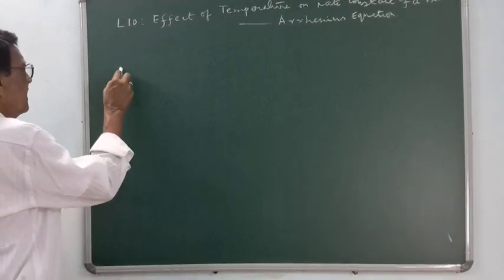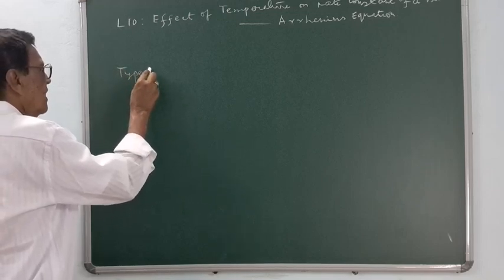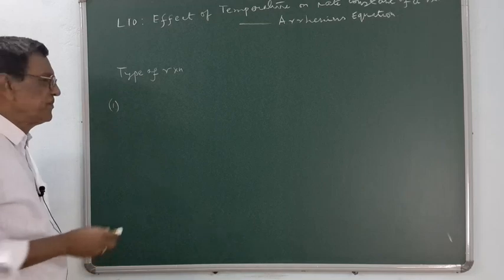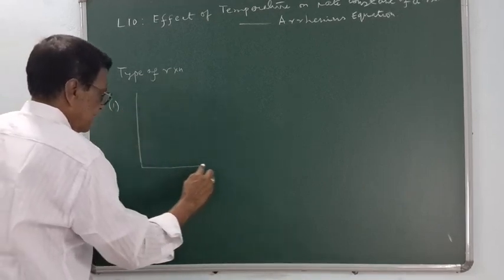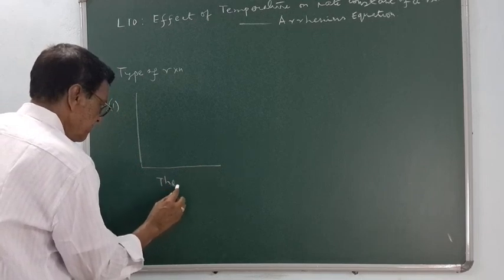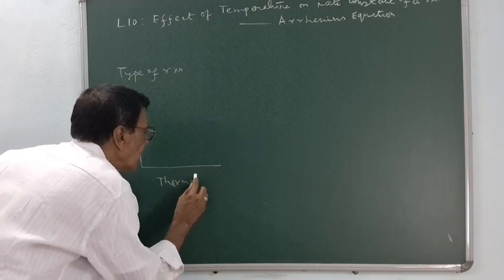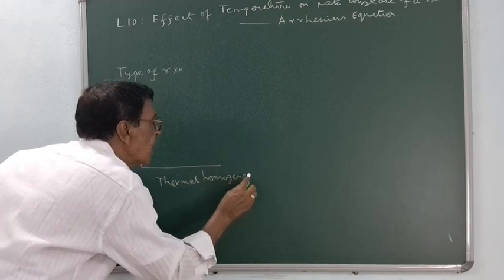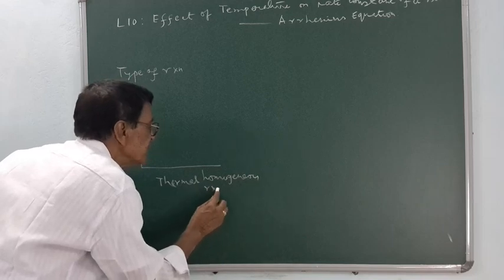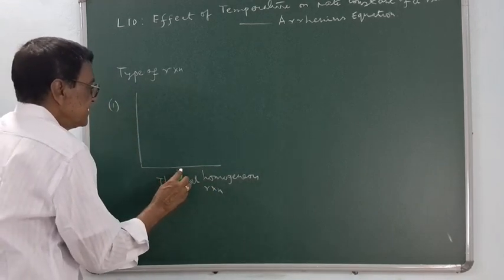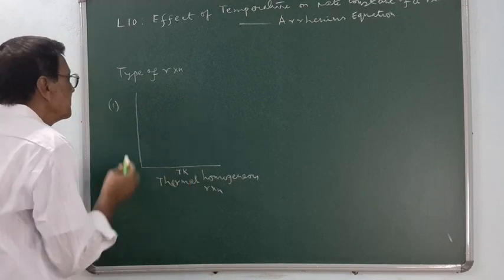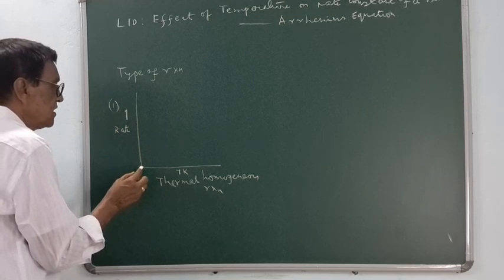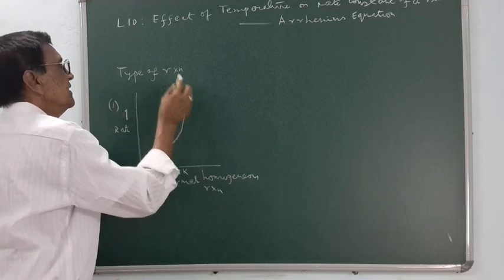Type of reaction number one, it is a thermal homogeneous reaction, and here it is T in Kelvin, and here the rate of this reaction, and it will start from 0 and increase this way.